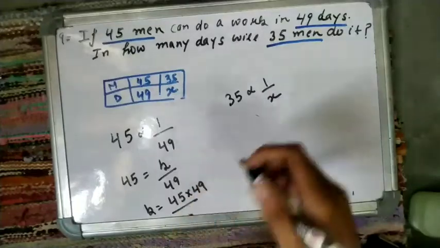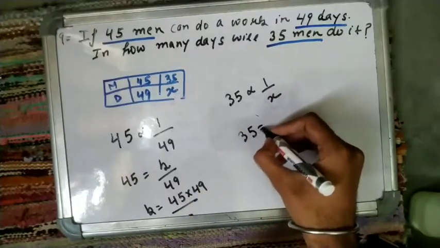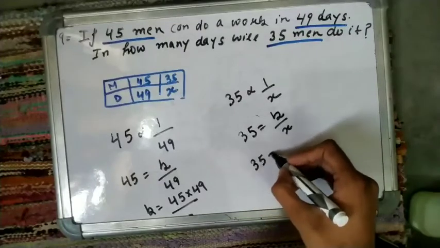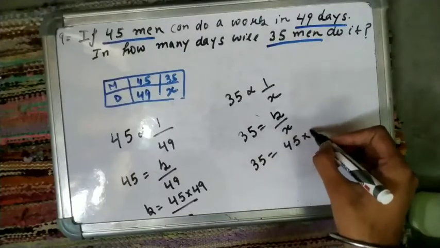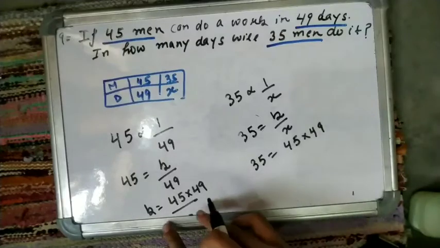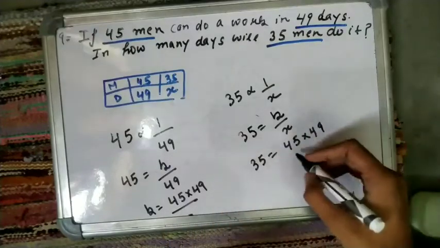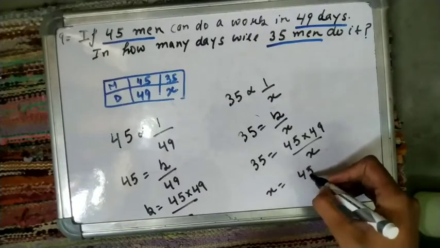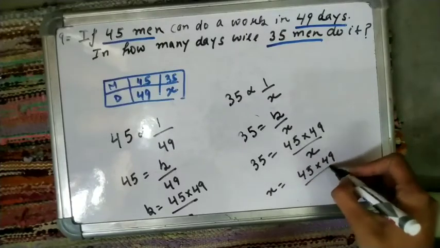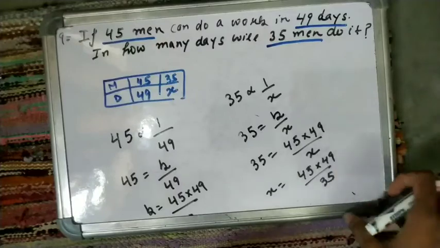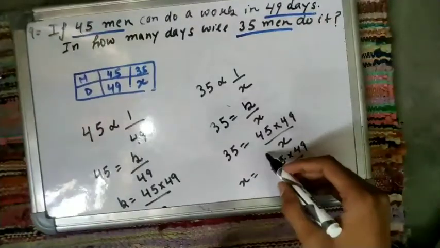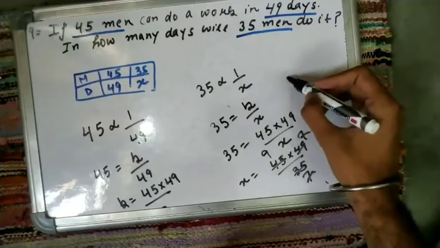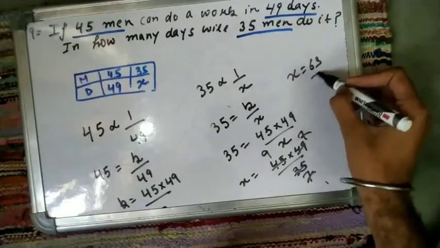We need the value of x, so 35 is equal to K times 1 by x. So 35 is equal to 45 into 49, I put the value of K, divided by x. So the x value is 45 into 49 divided by 35. This will be cut by table 5: 9, 7 and 7 here. So the answer is 63 days.